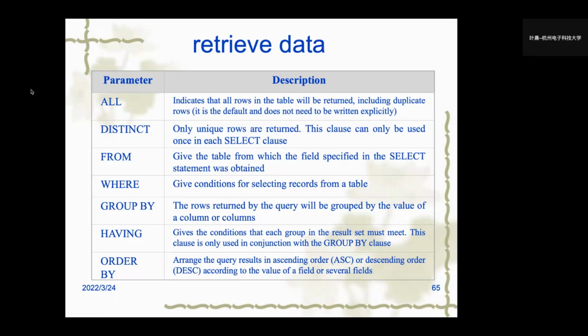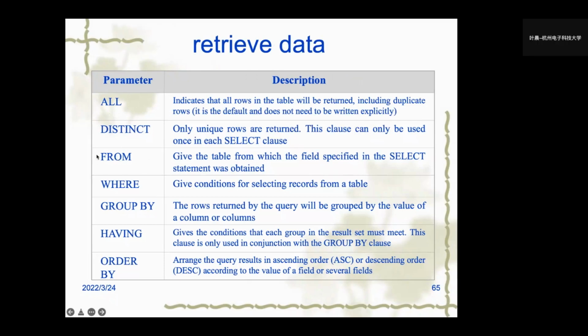It is the default and does not need to be written explicitly. And then we have the parameter DISTINCT. It means if you use this parameter, only unique rows are returned. This clause may only be used once in each select clause.